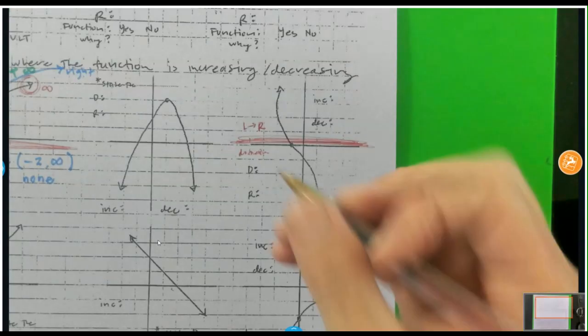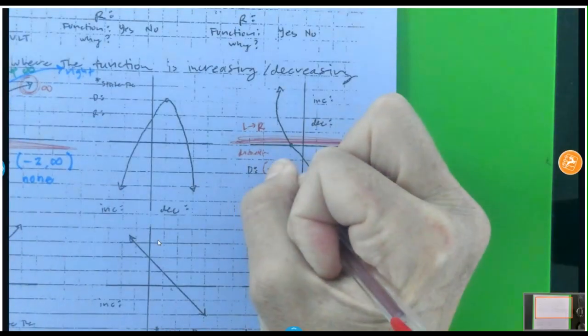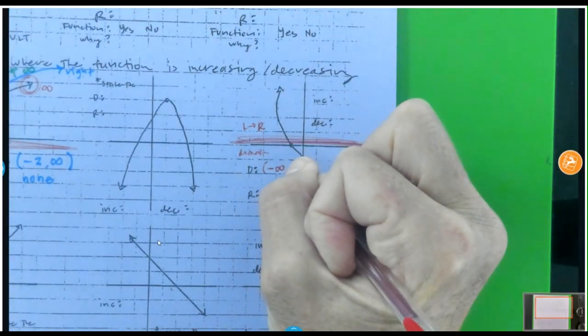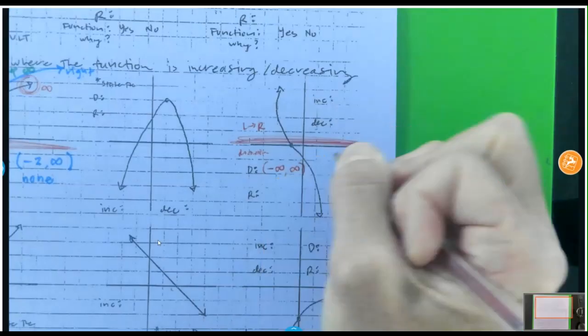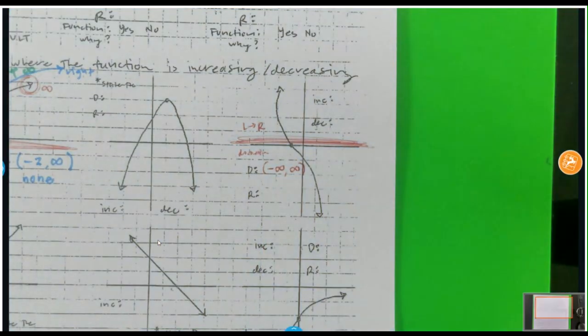But my domain is going to be negative infinity to positive infinity. Notice that it has arrows going to the left and to the right forever. So this is a continuous function. It never stops. It never has a break. It never has a gap. It goes on forever to the left and to the right.